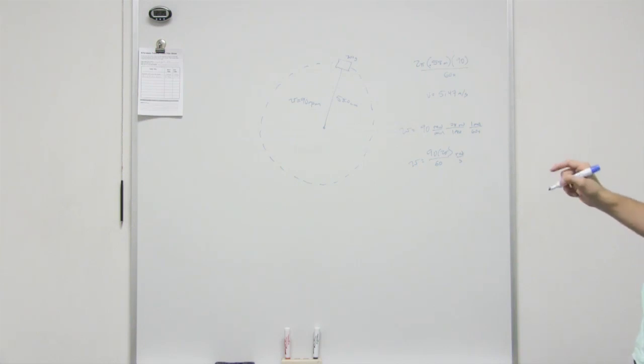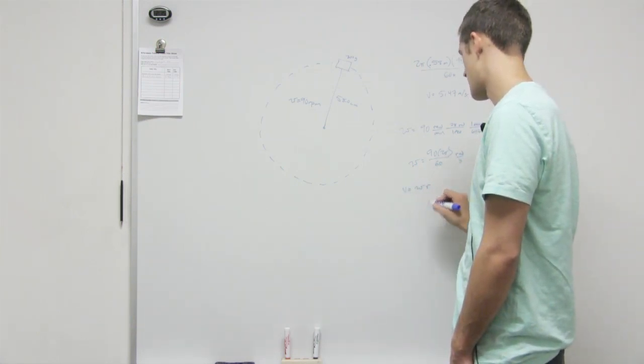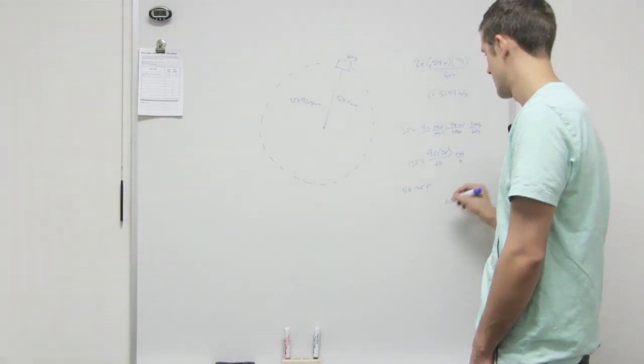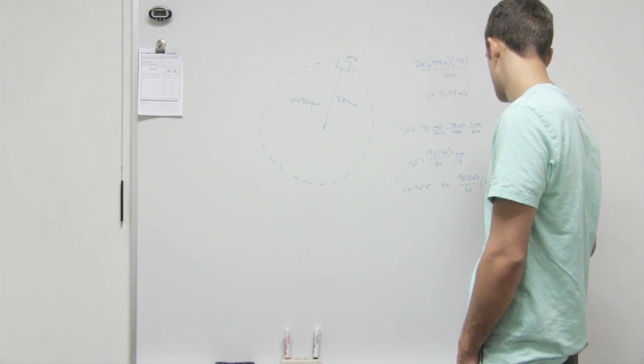In order to get your velocity, velocity equals omega times r, as long as omega is in radians per second. So velocity is equal to 90 times 2 pi all over 60 times 0.58 meters.